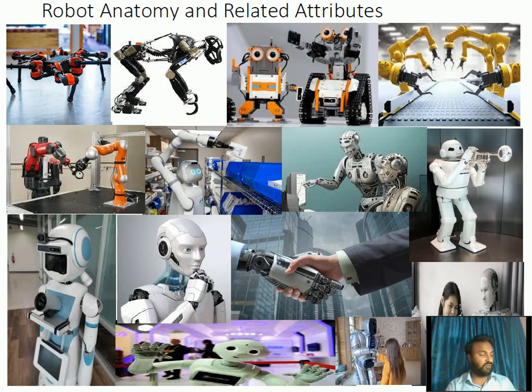If we see these pictures, you see there are various parts and linkages. Like here, you see the joints. In the leg, there is a knee. Different types of joints, like the elbow, are there. Each joint has a different objective.